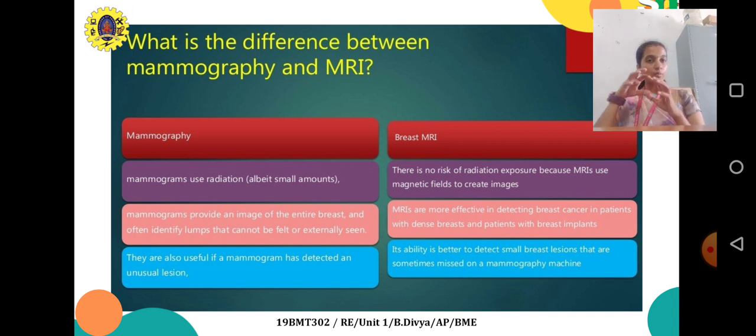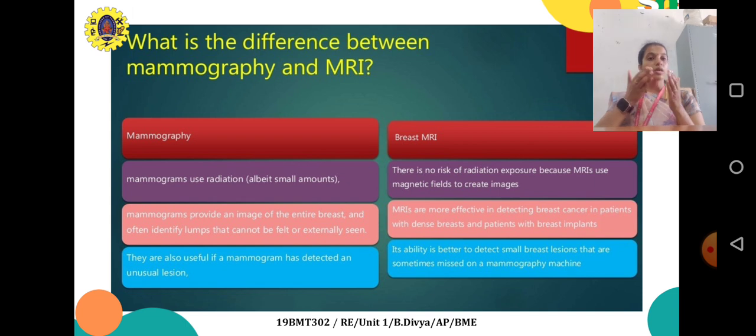Whereas a mammogram is mainly used for identifying breast cancer, and it can identify lumps which cannot be felt or externally seen. They are also useful if a mammogram has detected unusual lesions.